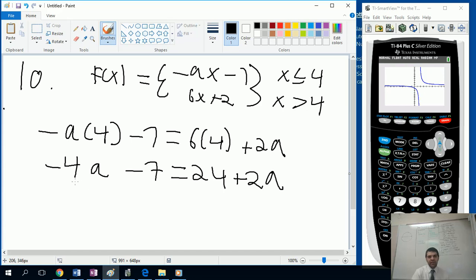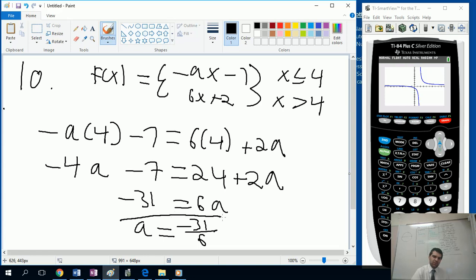Add 4a to each side and subtract 24 from each side. You're going to get negative 31 is equal to 6a, which means that a is going to be equal to negative 31/6. That's an acceptable answer to me. That's a good value for a. That makes the function continuous.